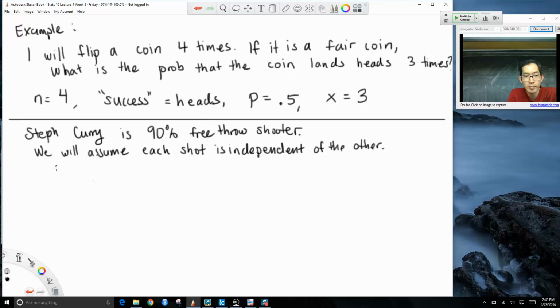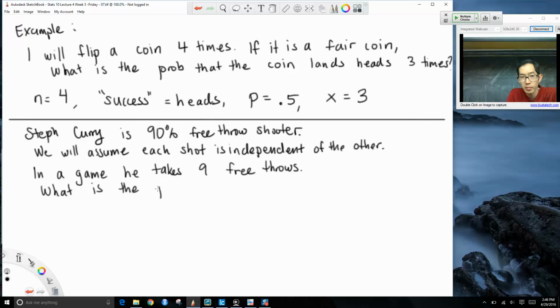So we'll say in a game, he takes 9 free throws. What is the probability he makes at least 8 of them?